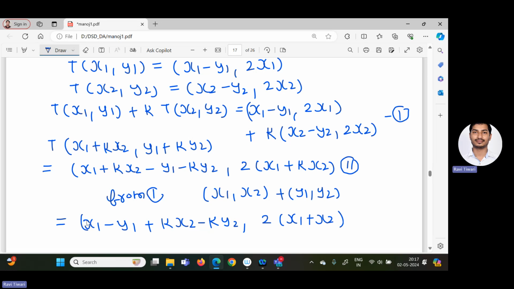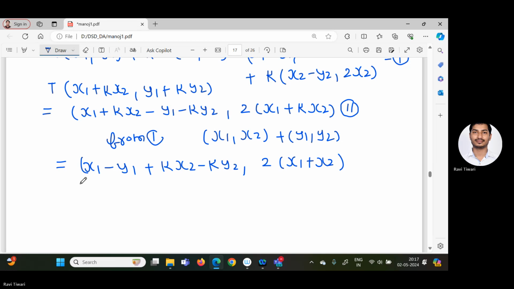So this equals (x1 + kx2 minus y1 minus ky2, comma 2 times x1 plus kx2).